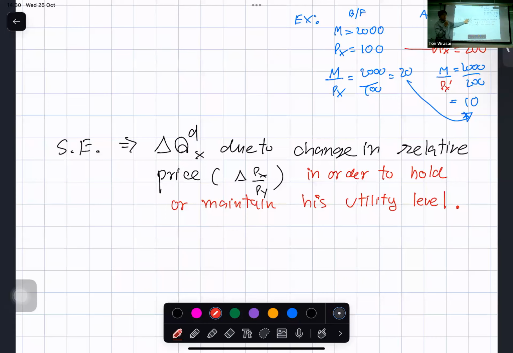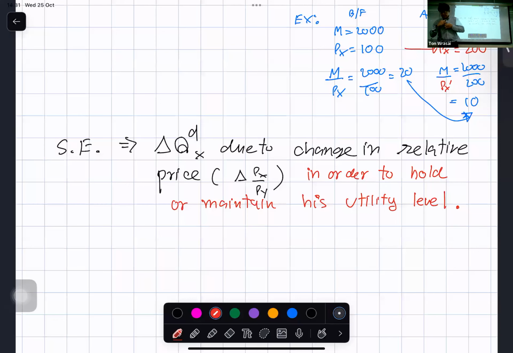He makes this adjustment with a goal. He makes this adjustment by buying less of pizza, buying more of Pepsi due to change in relative price, because he wants to hold his utility at the same level. We will see this in the picture, don't worry. The reason is to hold or to maintain his current happiness, to survive.